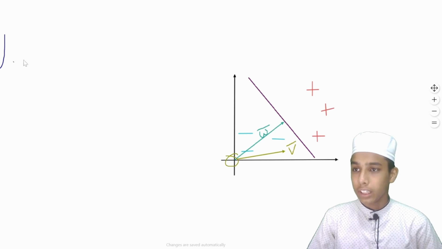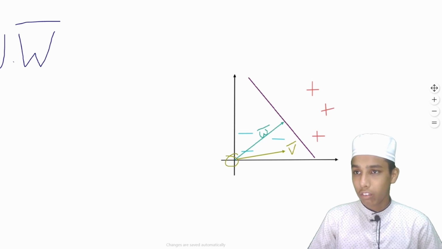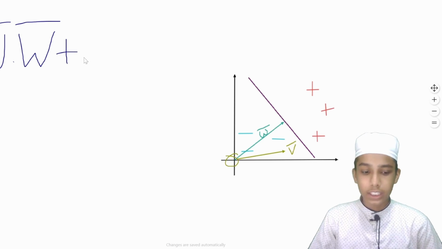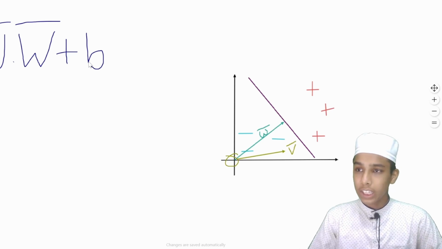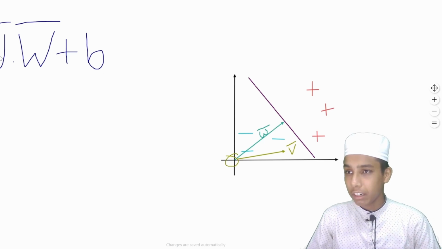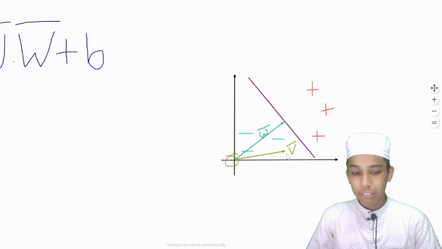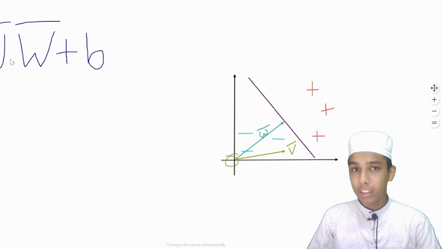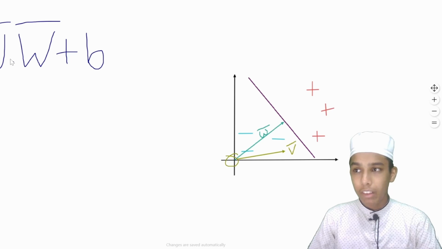With vector w, we add b. So as you can see, we have the vector w and the unknown data point, u. Now we have u dot w plus b, where b is the bias.